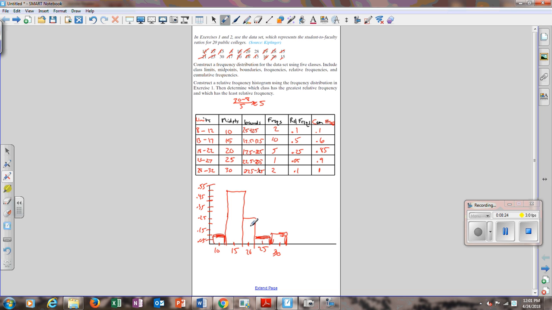So it will be your relative frequency histogram. Not too bad.